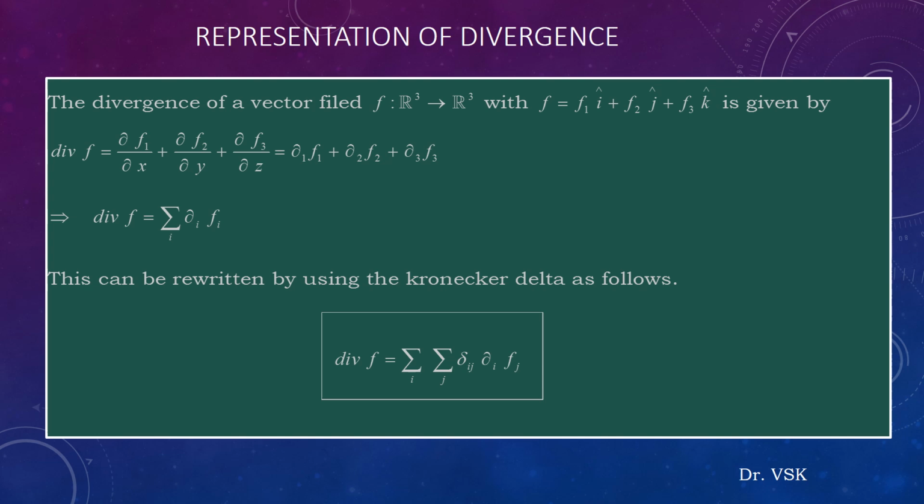This is a new representation of the divergence by using the Kronecker delta. Here the indices i and j take the values 1, 2 and 3.